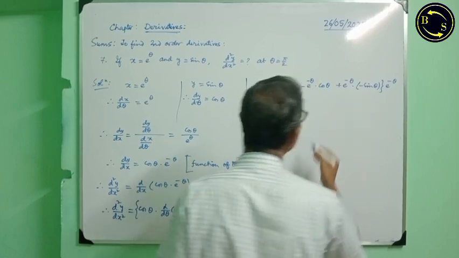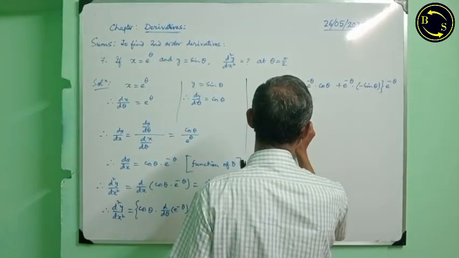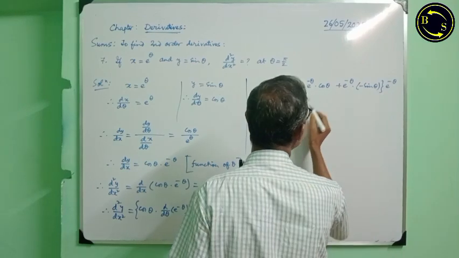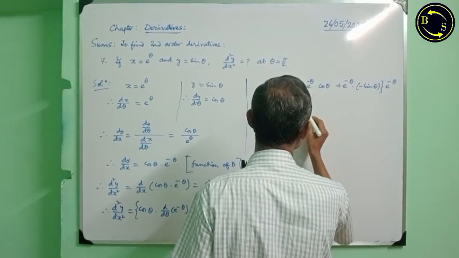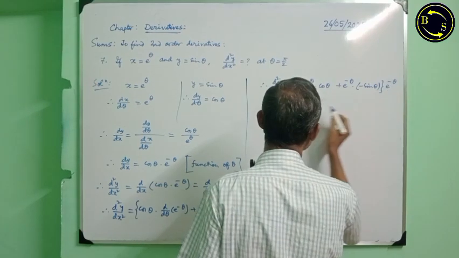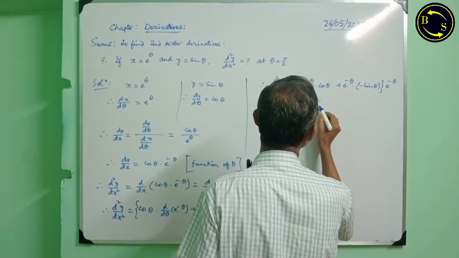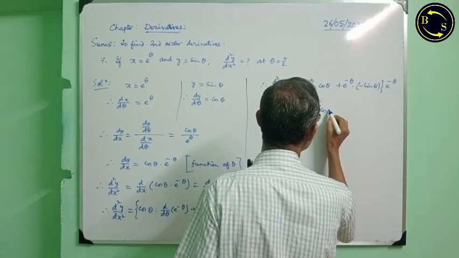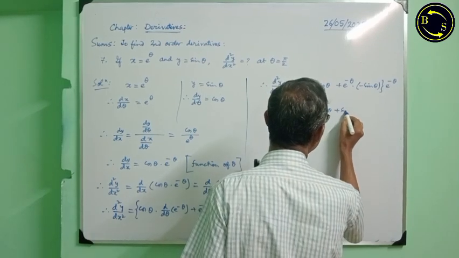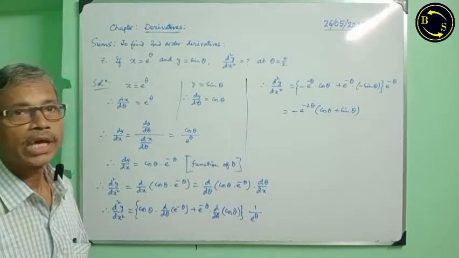Now I take e to the power minus theta outside, then the minus sign is also in both the terms, therefore e to the power minus theta into e to the power minus theta. Note the calculation.